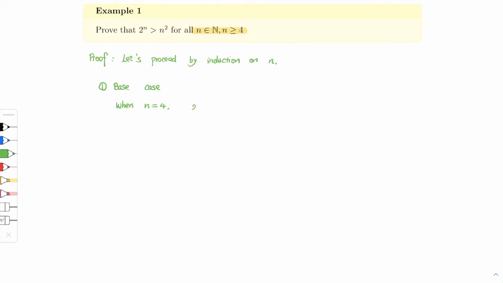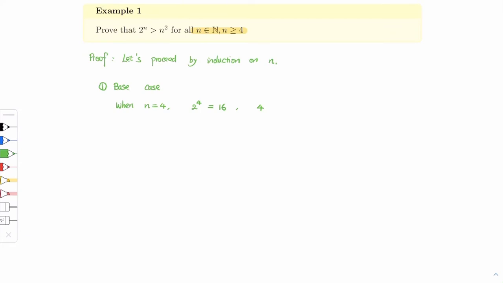We have 2 to the 4 equals 16. 4, wait, is this even true? For n greater than or equal to 4.